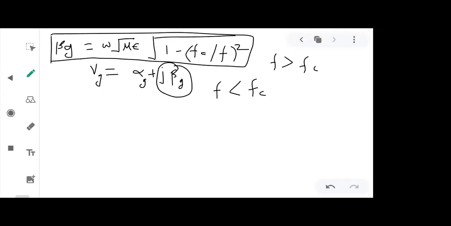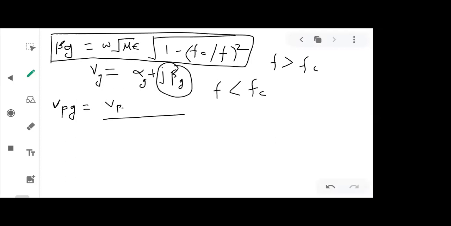Next is phase velocity. Okay, so phase velocity inside a waveguide. Phase velocity is represented by Vp. Now Vp here represents the phase velocity in open medium, the unbounded medium.